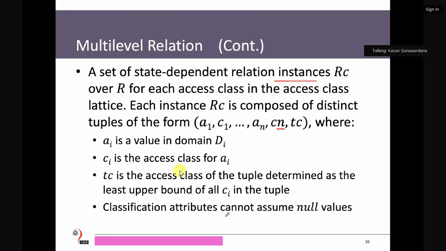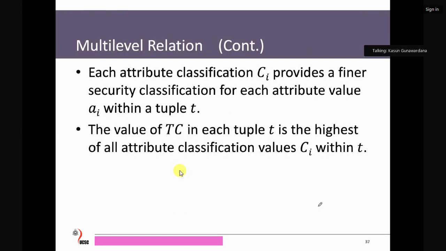Classification attributes cannot assume null values. So all these C1, C2, C3, C4, Cn values cannot be null because there should be a classification level, right? So it cannot be null.